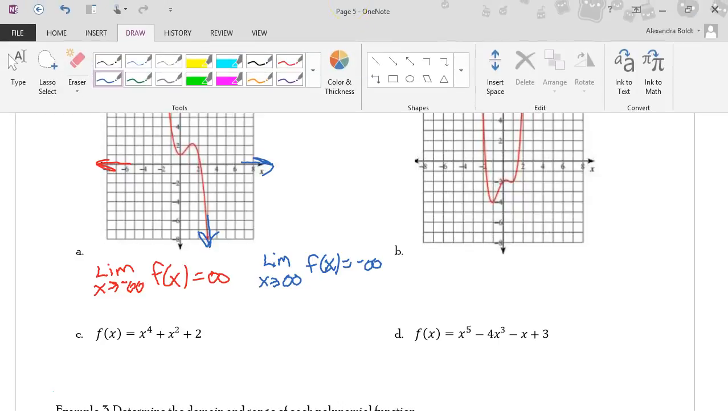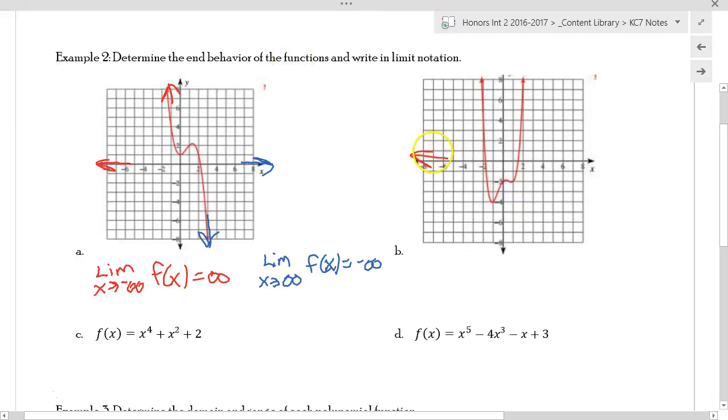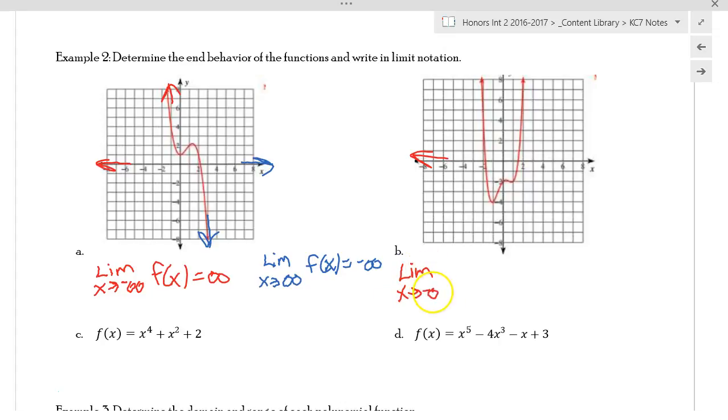Alright, looking at our next example, same thing. I'm going to start by going to the left. The limit as x approaches left is negative, so negative infinity of f of x equals, and it starts by going up there, so it's just infinity.